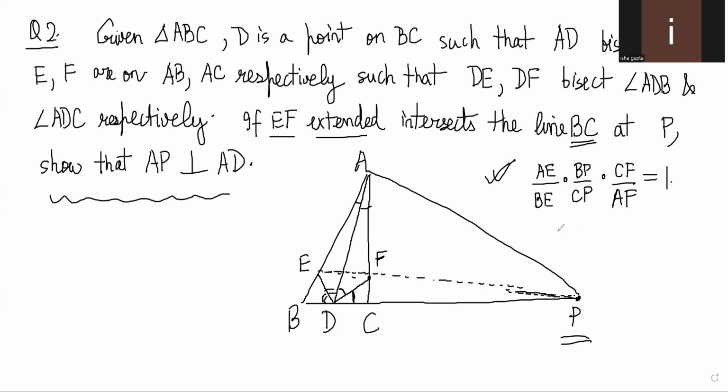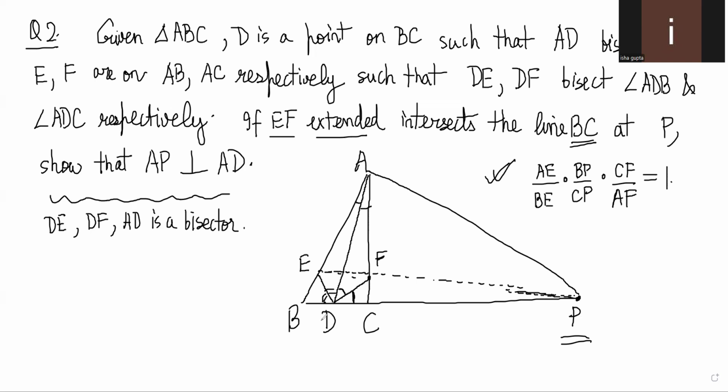Now we know many things, like we know DE is a bisector, DF is a bisector, and we also know that AD is a bisector. So if you think of applying angle bisector theorem, with respect to DE as a bisector, the ratio in which it divides this side will be the ratio of AD and BD.